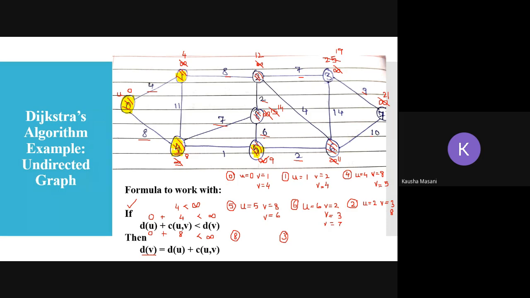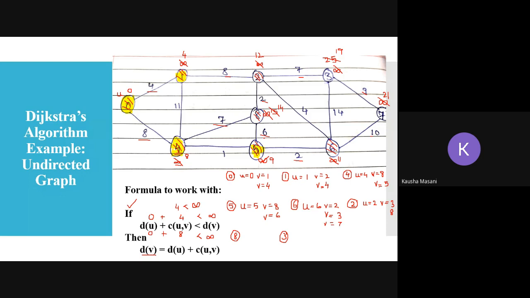Vertex 3, correct? Now from 3 you can go to 2, but no need to do that, already explored. From 3 you can go to 6, no need to go there either, already explored. The unexplored is 7. So 19 plus 9 is 28. 28 less than 21, it is false.